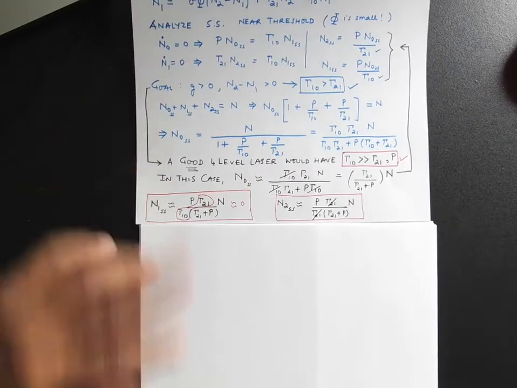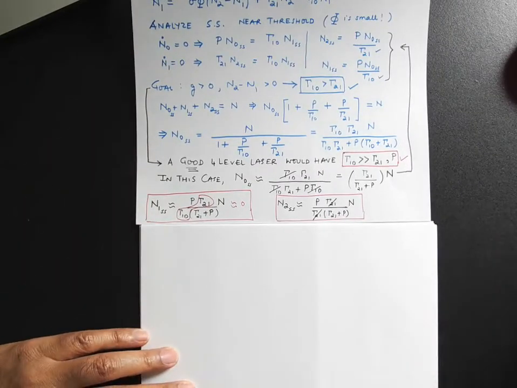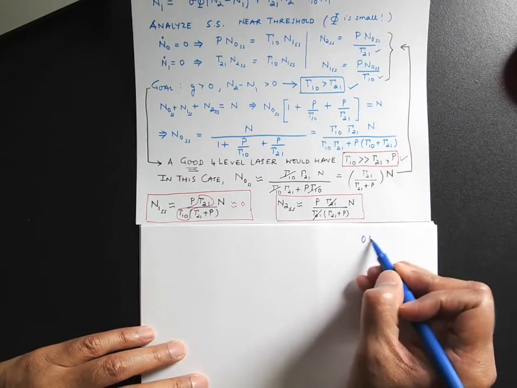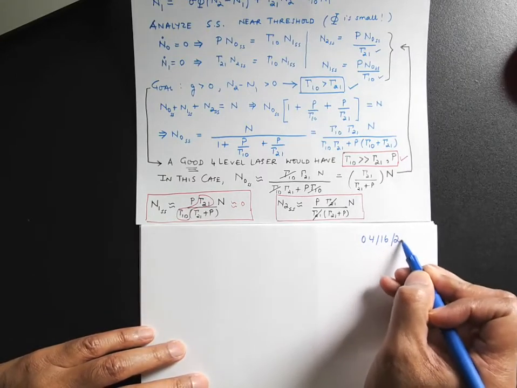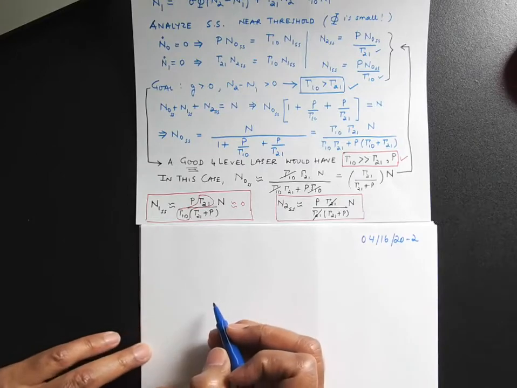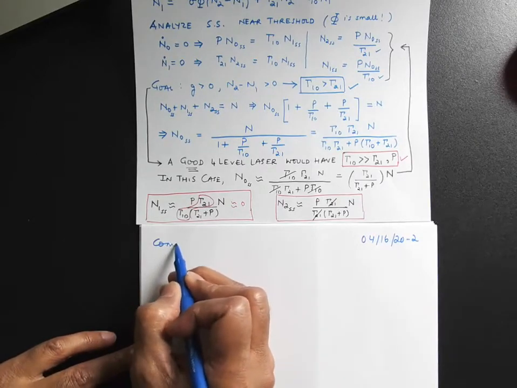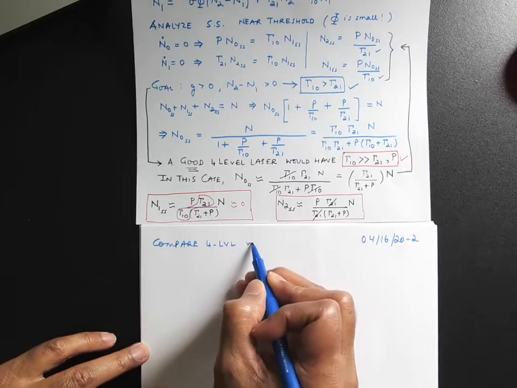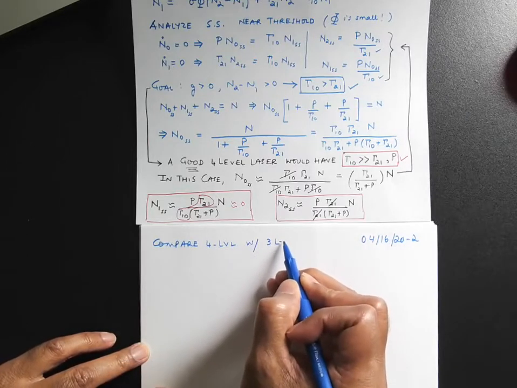So let's go to 041622. Okay, so compare 4-level with 3-level.